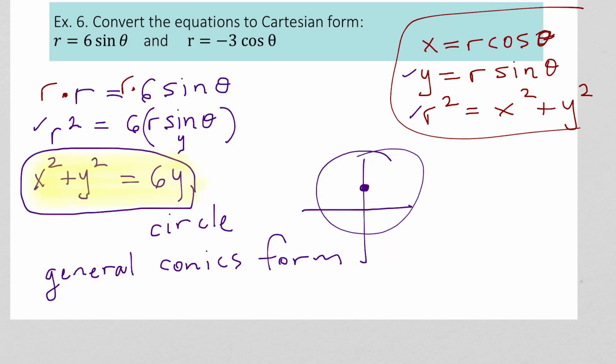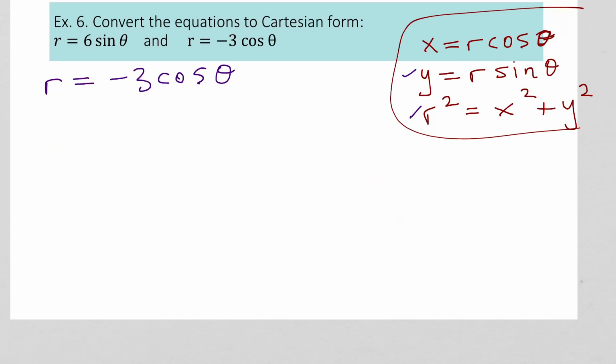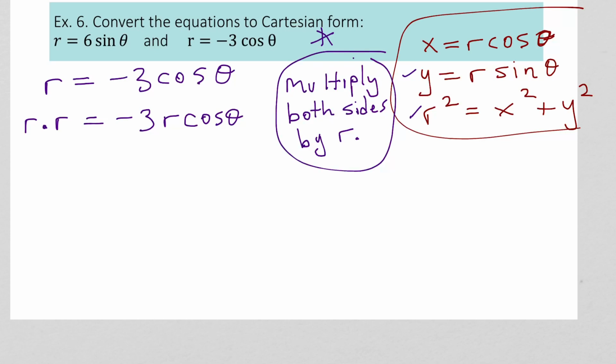All right, so let's do the second one. We've got this equation that we're going to convert to x and y. So we're going to do the same trick, so to speak, to get this r squared and this r in here. We're going to multiply both sides by r. You might want to make a note of that beside your work in your notes.